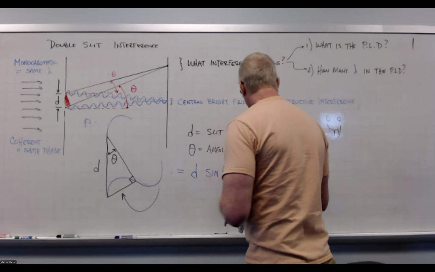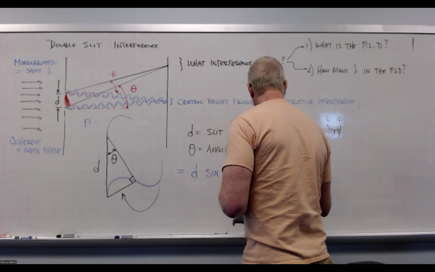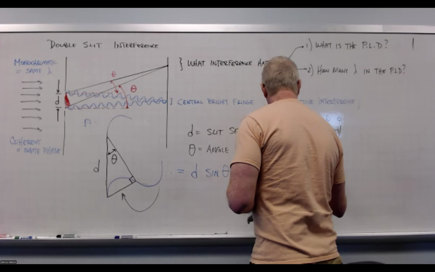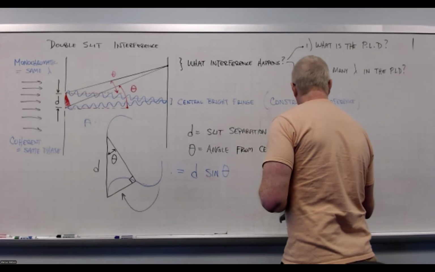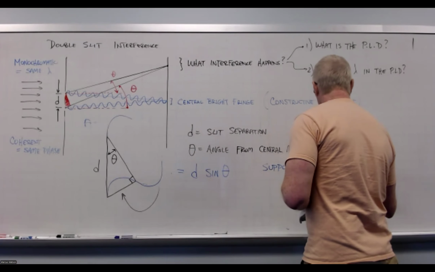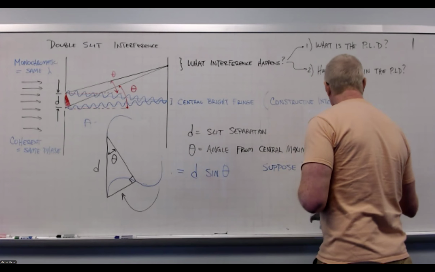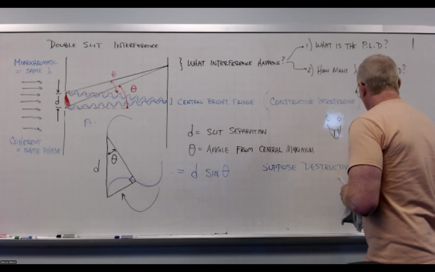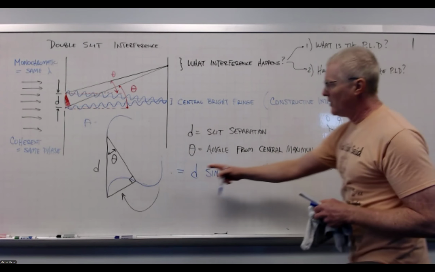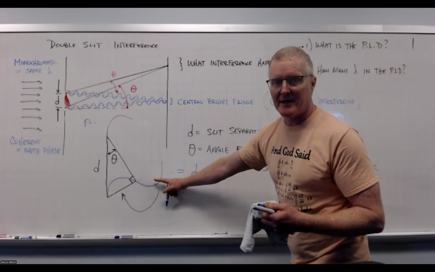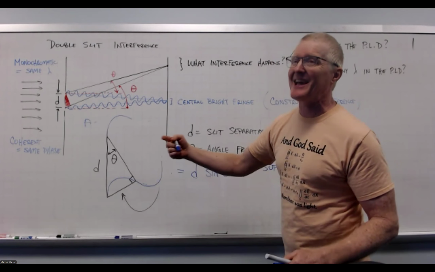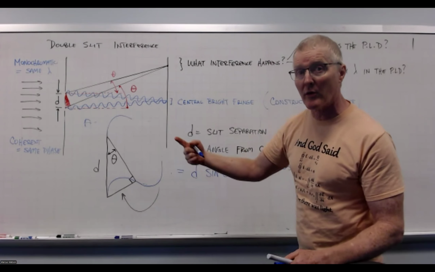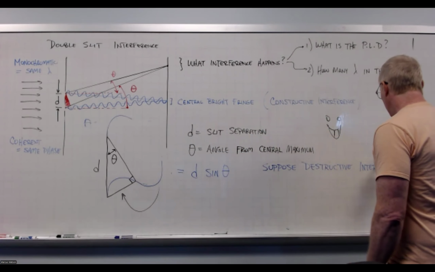So suppose we've got destructive interference. That means one of the waves has traveled an extra half a wavelength more than the other one.